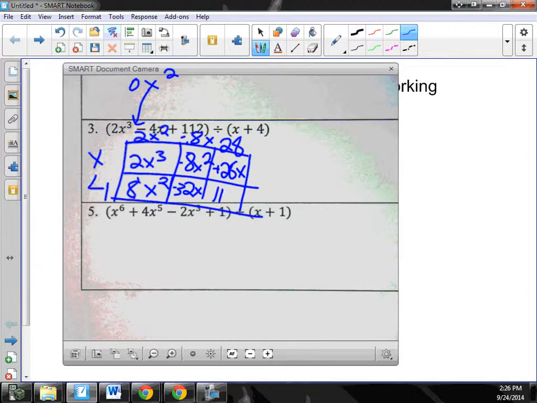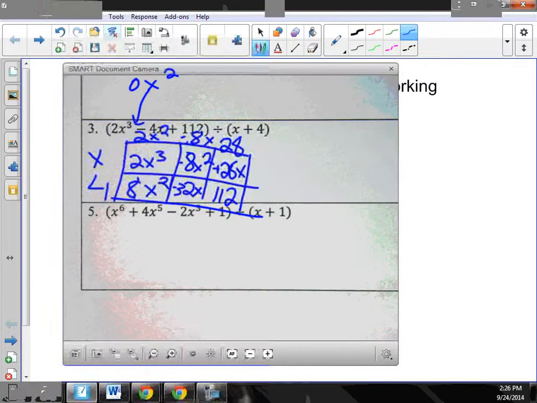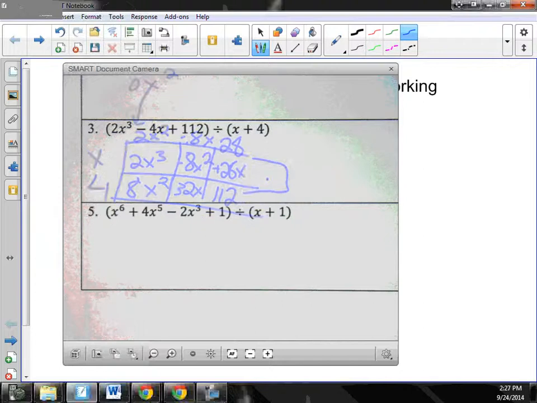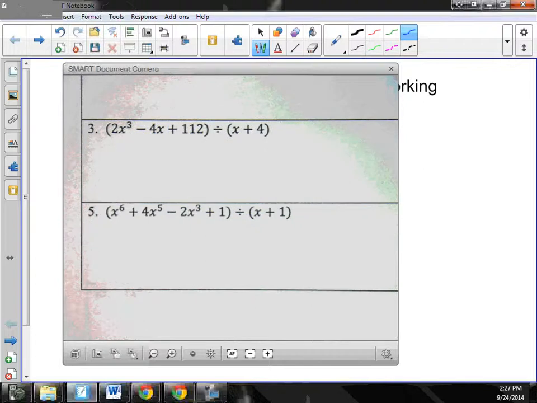Oh, this one does not have a remainder. How nice. What if it did have a remainder? Just remind me. You would put the remainder and then divide it by x plus 4. Okay. So if you're missing a 0 in the numerator, it's really easy.